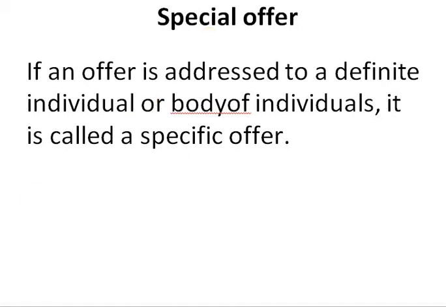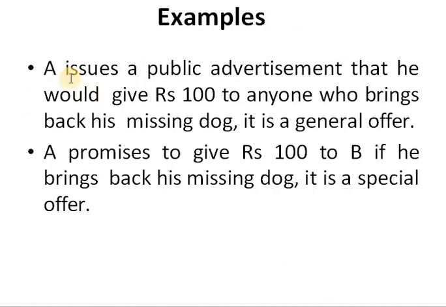For example, A issues a public advertisement that he would give 100 rupees to anyone who brings back his missing dog. It is a general offer because he is making this offer to the public.